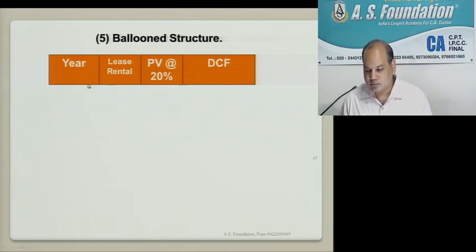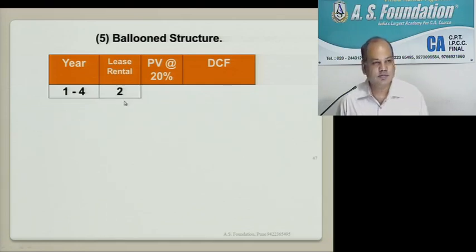First 4 years lease rentals are constant, years 1-4. How much are you going to pay? 2.